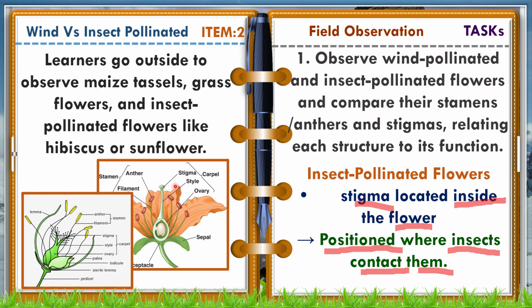And in most cases, they are located inside the flower, such that when the insect comes, after touching itself on pollen and it is moving out, it taps onto the stigma and the pollen brushes onto the stigma. So that's why they are positioned inside the flower.